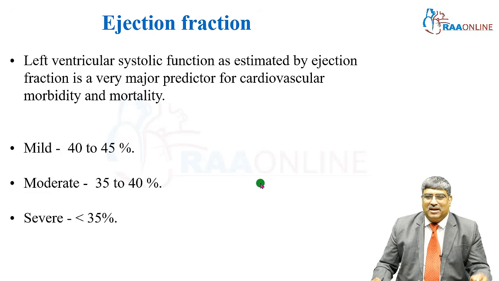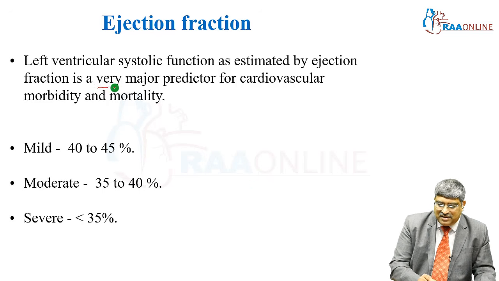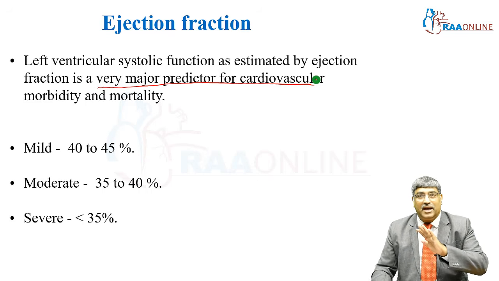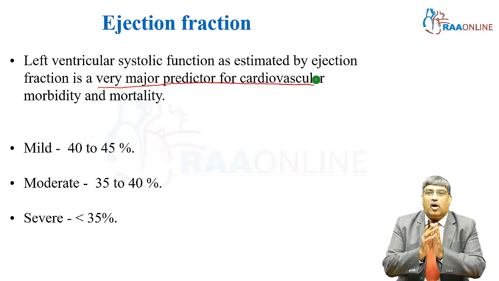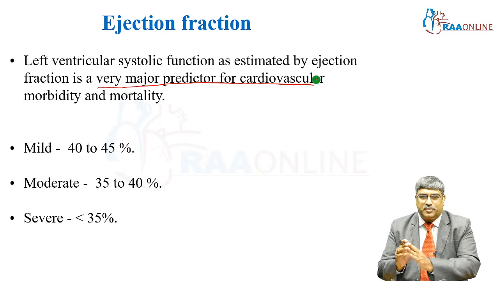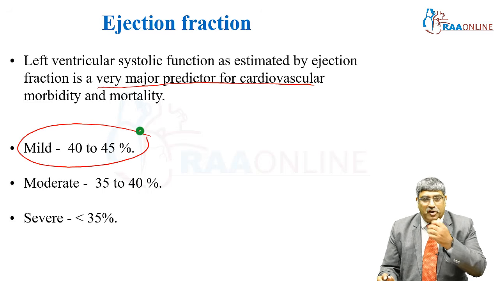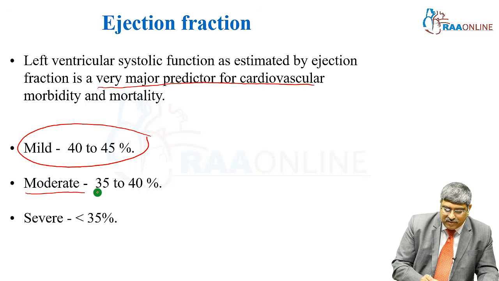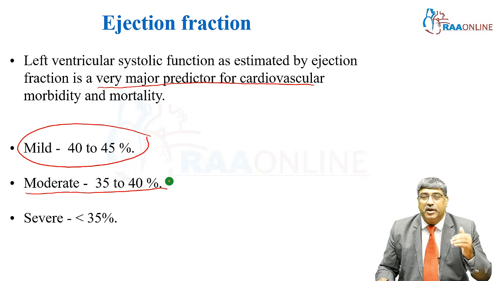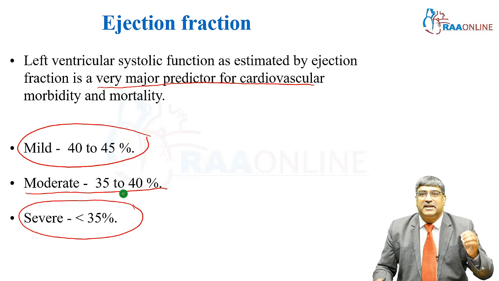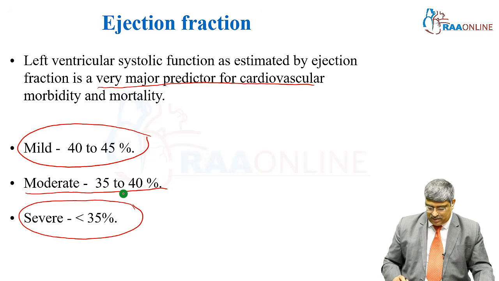This left ventricular ejection fraction is a major predictor for cardiovascular morbidity and mortality. It is normally between 50 to 60%. Mild LV dysfunction is 40 to 45%. Moderate LV dysfunction is between 35 to 40%, and it is severe if it is less than 35%.